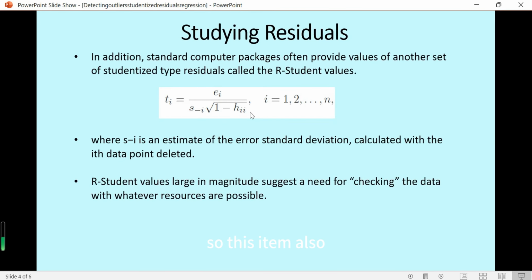This item also follows a t-distribution, and this is called the R-student value. If this value is significant, then we will also be skeptical that this observation is an outlier.